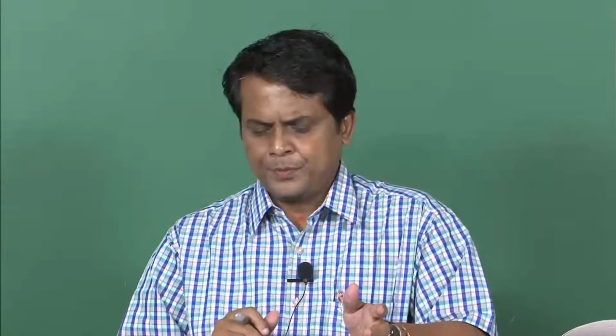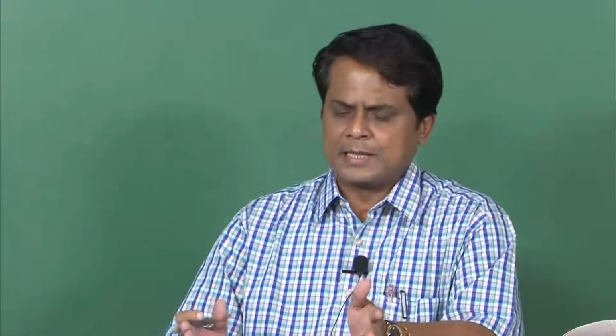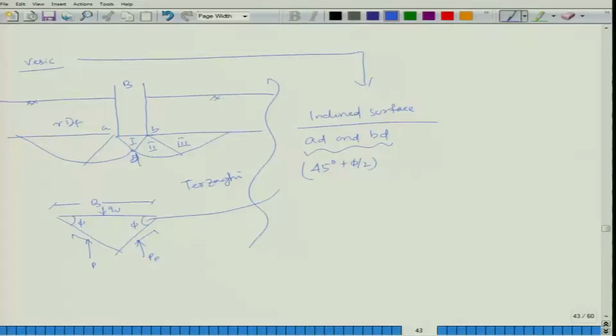In Vesic, zone 1 is the elastic zone, zone 2 is the radial shear zone, zone 3 is the Rankine's passive zone. This is as per Terzaghi's. So, in zone 1 as per Terzaghi's, the inclined surfaces AD and BD make an angle phi, but Vesic said it makes an angle of 45 degrees plus phi by 2 instead of phi.